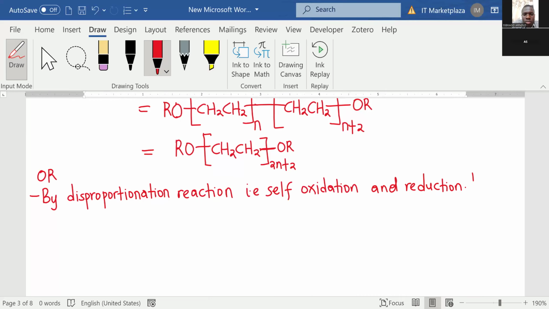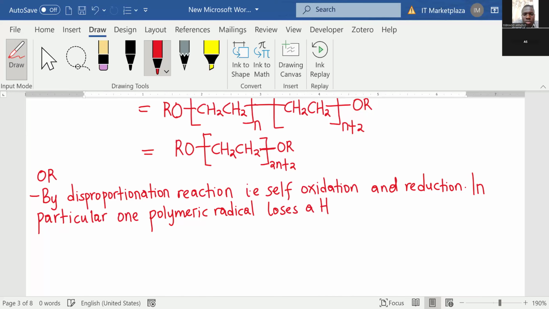In particular here, one polymeric radical loses a hydrogen atom.